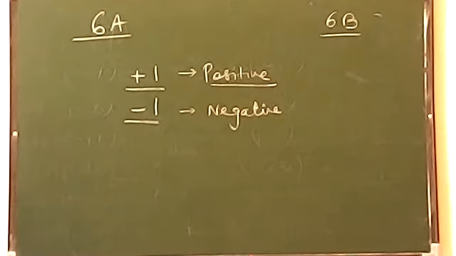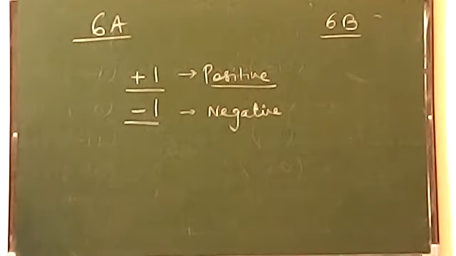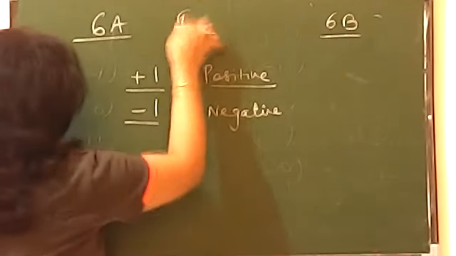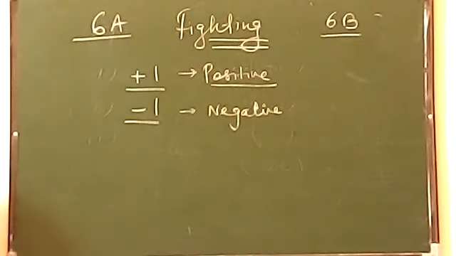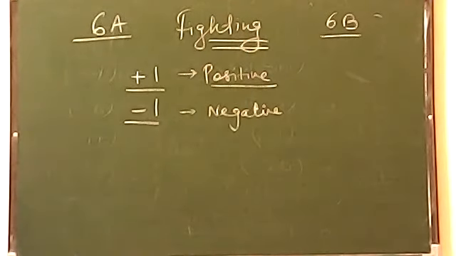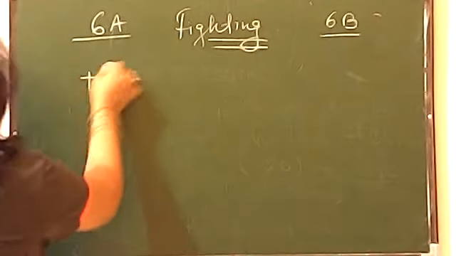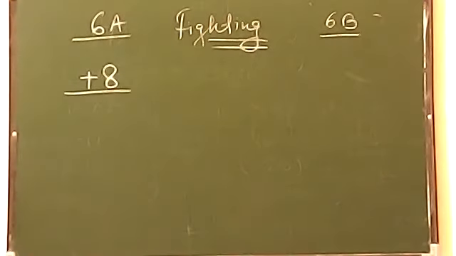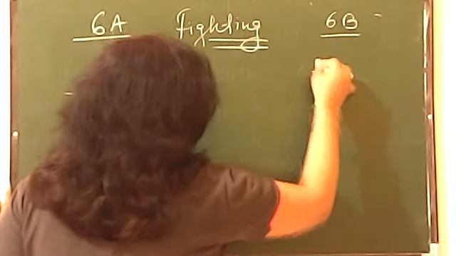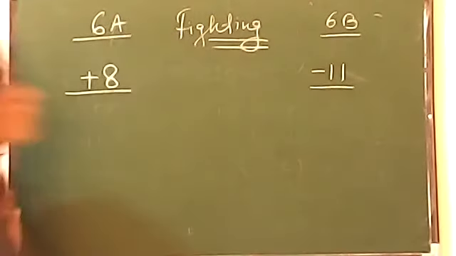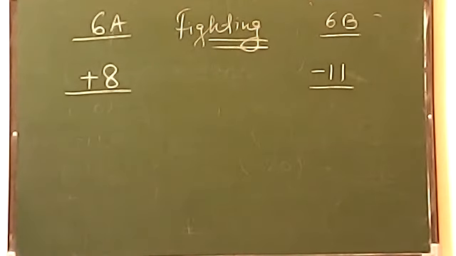Now suppose your teacher told that in the class you will have a fighting competition. Okay, now what to do? You just decide that suppose here we will have, from 6th A, 8 बच्चे. 8 बच्चे means those who were positive. ठीक है, और 6th B से लिए गए सपोज आपके 11 नेगेटिव बच्चे. ओके, 6th A से आए 8 पॉजिटिव बच्चे, 6th B से आए 11 नेगेटिव बच्चे.